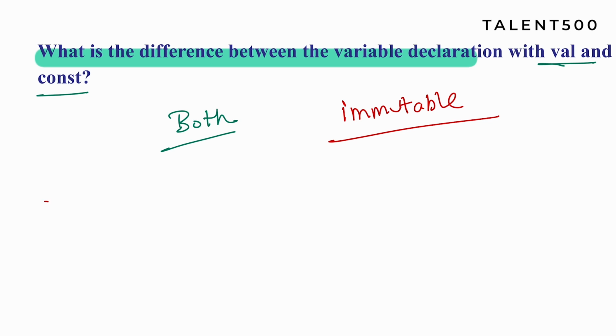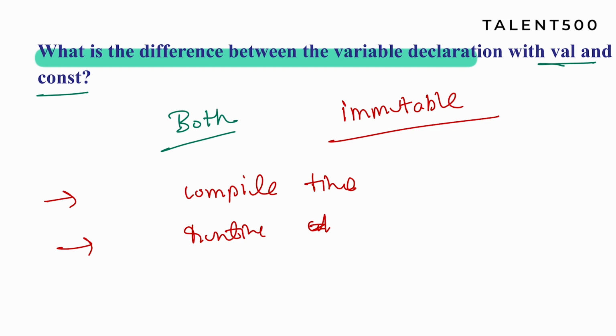Listen to the difference very carefully. The value of the const variable must be known at compile time, whereas the value of the val variable can be assigned at runtime also. So this is the difference between const and val.